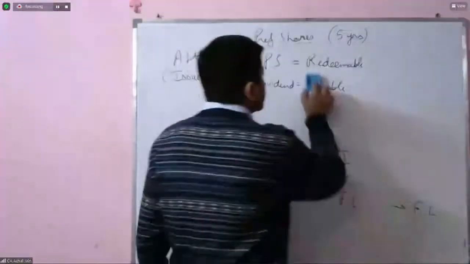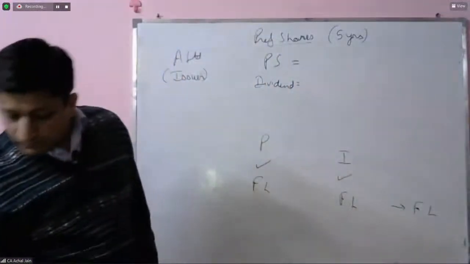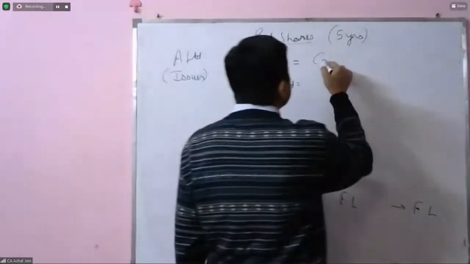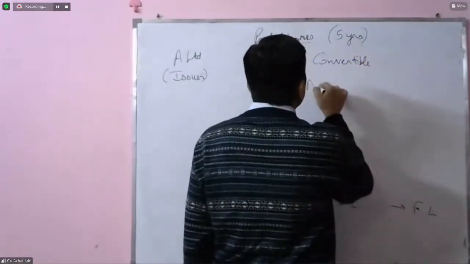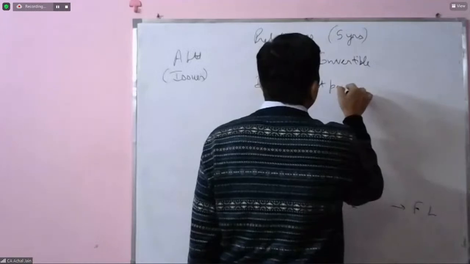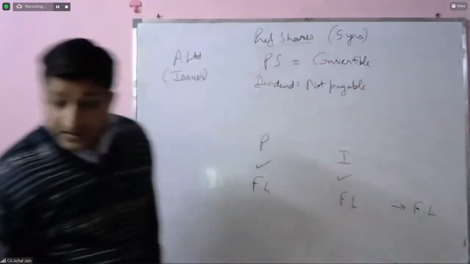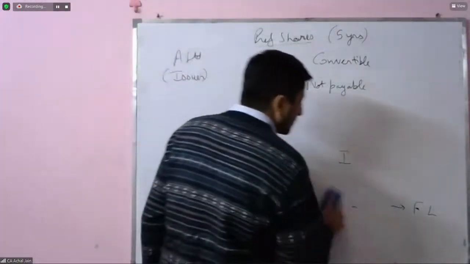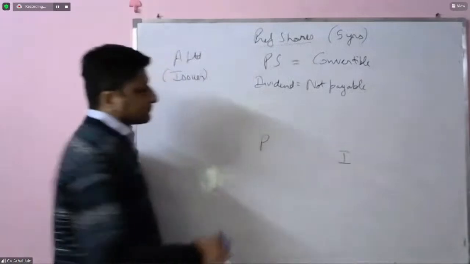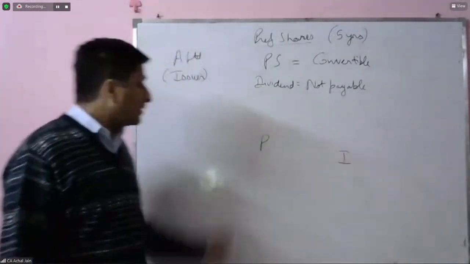Let me just change the facts now. Let's suppose preference shares are convertible and this is not payable. Not payable means it's at the option of A Limited whether to pay this or not. Now in this situation, what will happen?